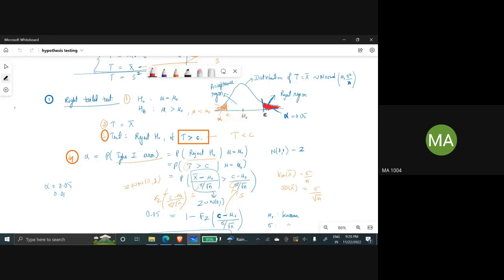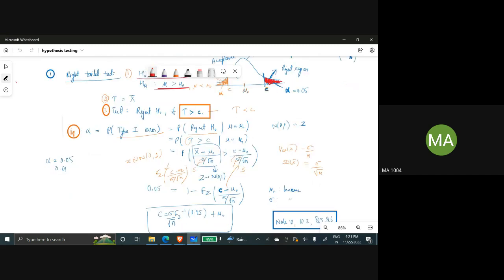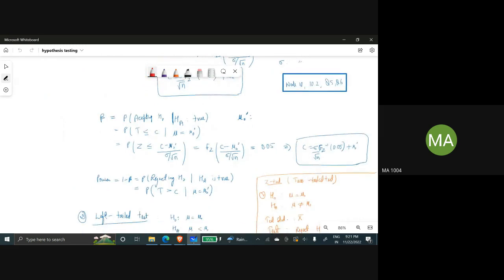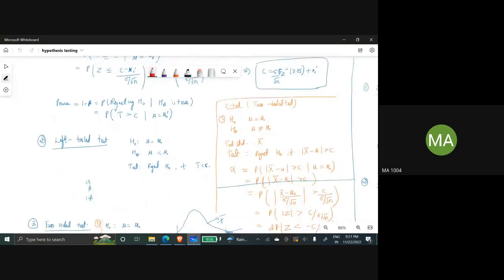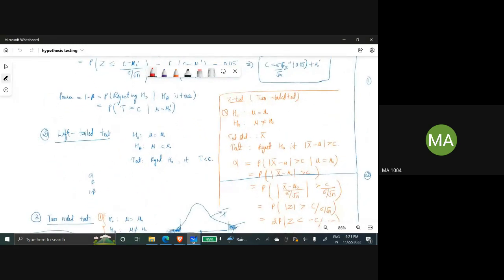Now if we go to the left tail test, your null will be H naught mu equal mu naught, same, and HA will be mu is less than mu naught. So instead of mu greater than mu naught, you have mu less than mu naught.